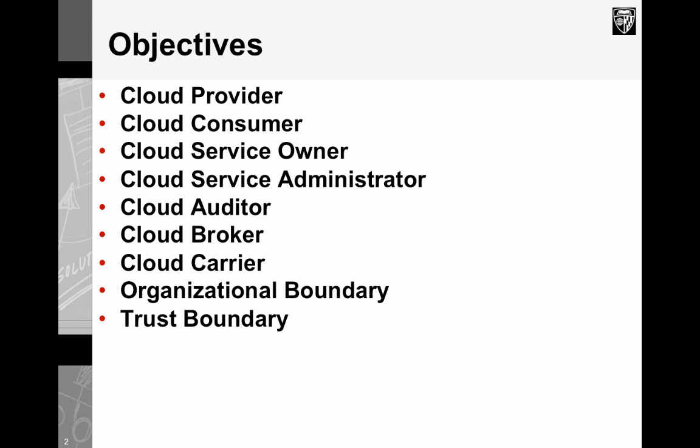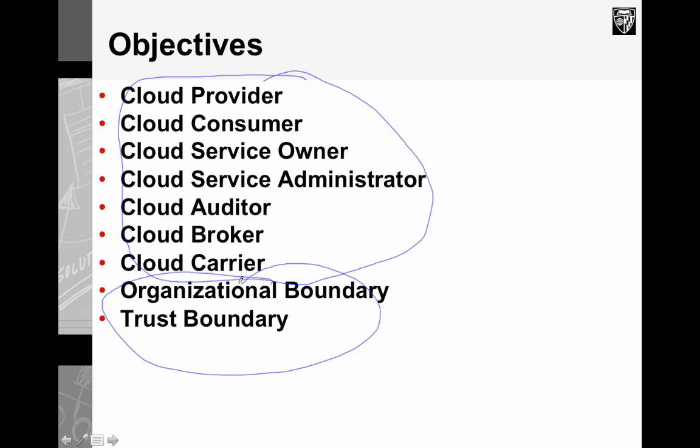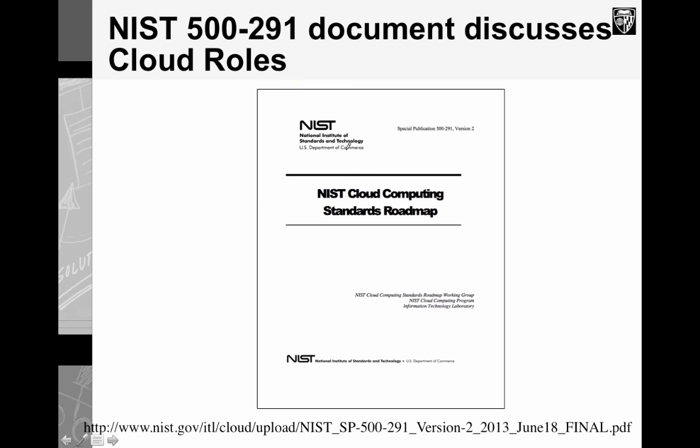So what is the objective? As part of this particular section, we'll be looking at the definitions of these various cloud roles, and then we'll look at the organizational and trust boundary that exists between the cloud provider and the cloud consumer. If you recall, in the previous section, we looked at the NIST 800-145 document that was published by NIST that defines what cloud computing is.